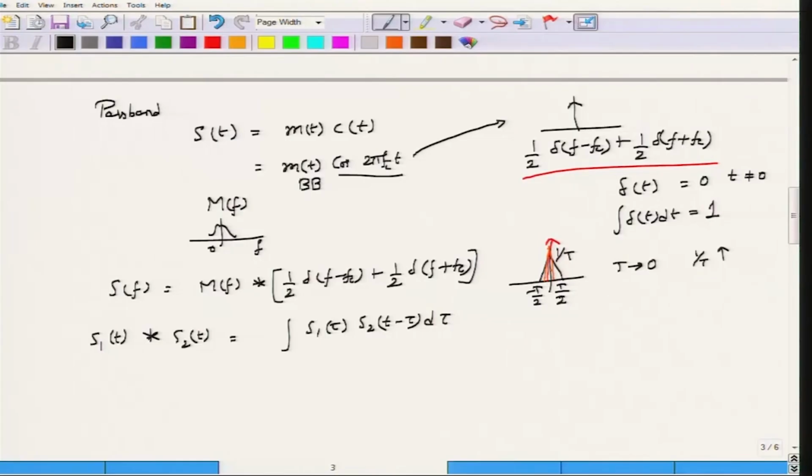Tau is a dummy variable. All you are doing is taking the signal S1 of t and then taking the signal S2 of t, inverting it, and then keep delaying it. Okay. So, if this is your S1 of t and this is your S2 of t, all you are saying is that if you were to invert this S2 of t, so if you flip this around, you will get this signal, and then you need to delay it.